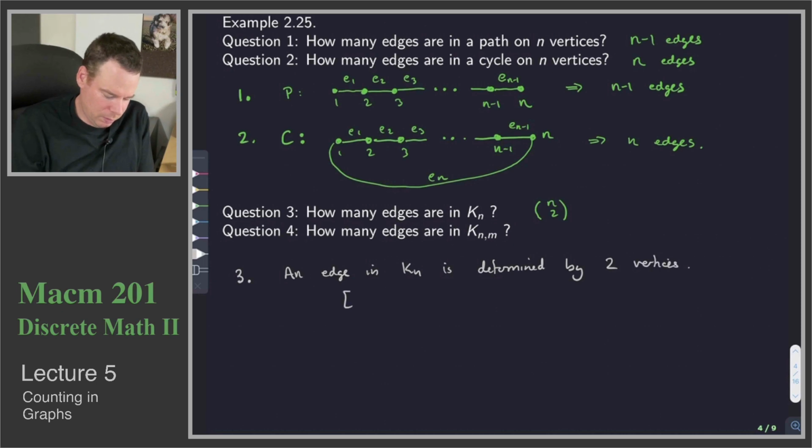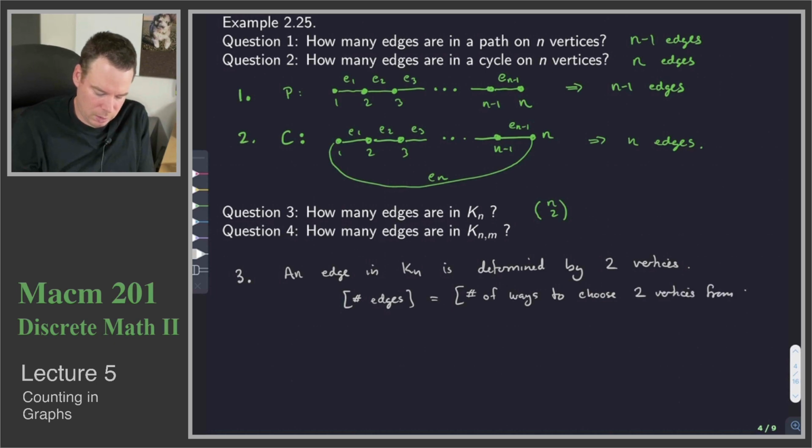So what that means is that the number of edges is equal to the number of ways to choose 2 vertices from n vertices, and that's n choose 2.